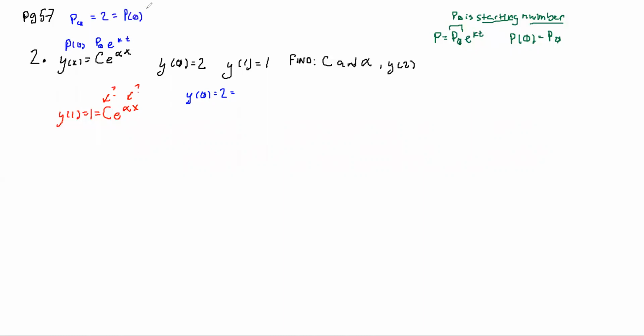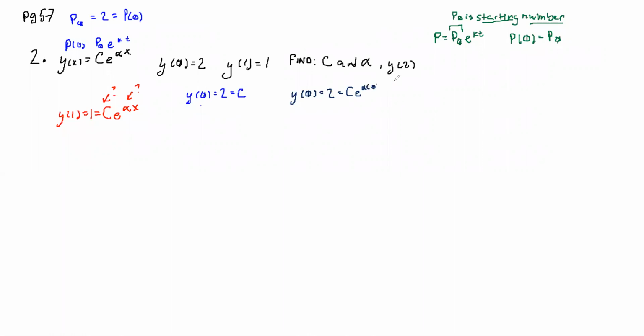So we can do the exact same thing here. We can say that y of 0 is equal to 2, so 2 is equal to c. And the way that we can show that in math is if we say y of 0 is equal to 2, is equal to c e to the alpha, and then t is going to be equal to 0.